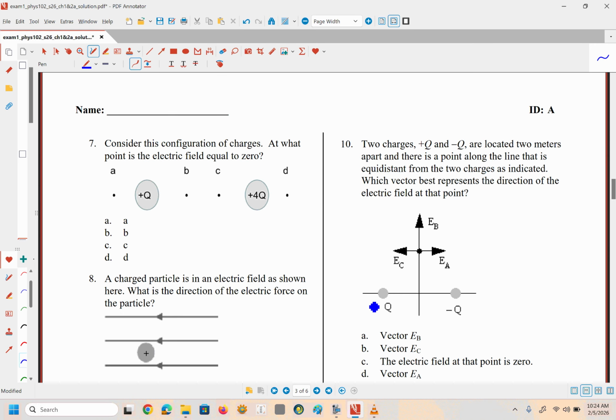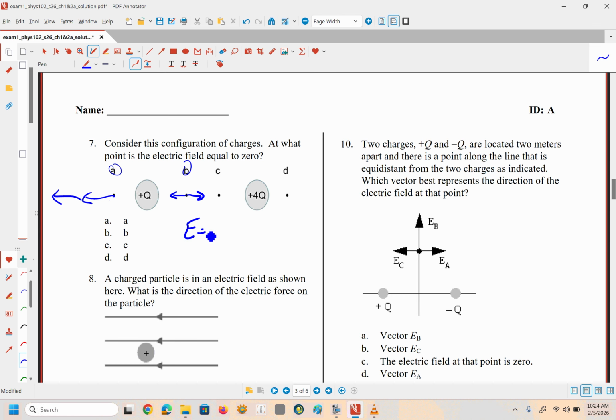At what point is the electric field equal to 0? Remember our general rule is we want to get as far away from the big charge as possible. So I'm going to guess it's either A or B. Let's just draw the vectors. We'll start at A. If I draw the vector from the plus Q, it's going to be in this direction, and the plus 4Q is also in that direction. So it can't be A. Let's see if it's B. Due to the plus Q it's in that direction, and due to the 4Q it's in that direction.